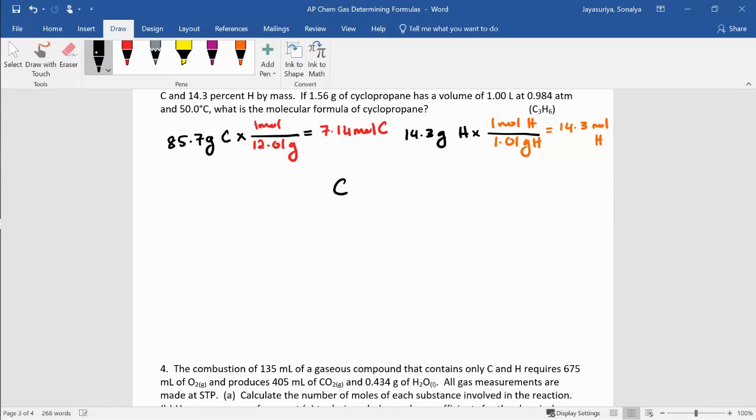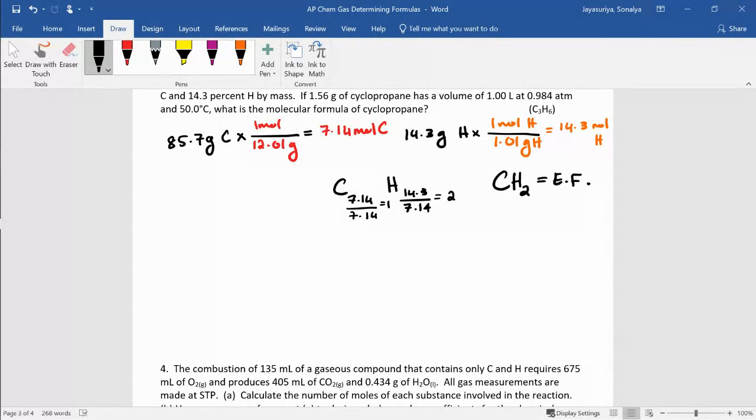So I have carbon and hydrogen, 7.14, and I have 14.3. Divide both by 7.14. This gives you 1, this gives you 2. So then your formula is CH2. This is the empirical formula, kids.